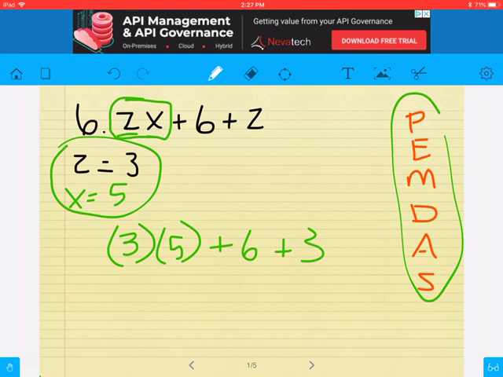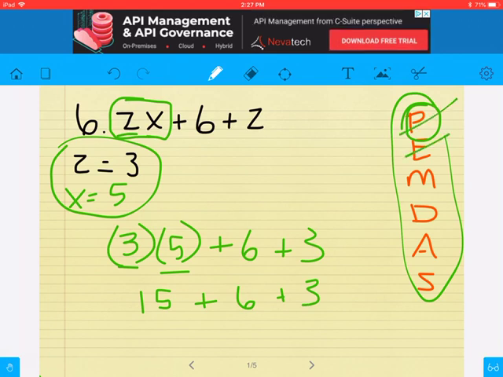All right. Now we're going to use our order of operations in order to solve this. We have parentheses. We've got that 3 and that 5, which equates to multiplication. So we're going ahead and doing that first. 3 times 5 gives us 15, plus 6 plus 3. Parentheses are out of the way.